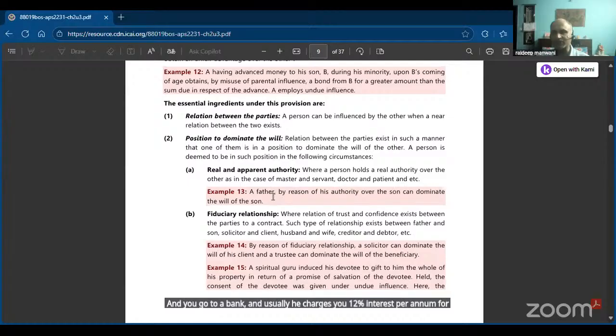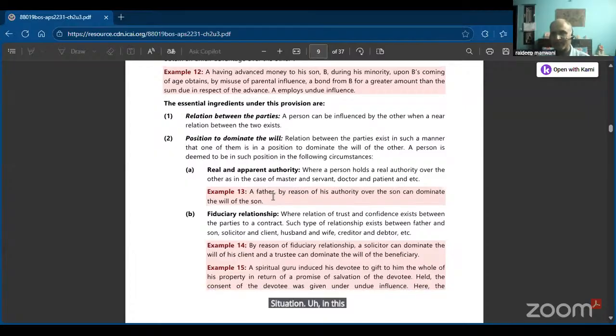Now he's charging you 15% because there is no money supply. He's got very few funds, and he's justified because there is lack of funds. So that 15% will not be treated as unconscionable because he's not taking an unfair advantage. He's just going as per the situation. Understood or no? Got it?